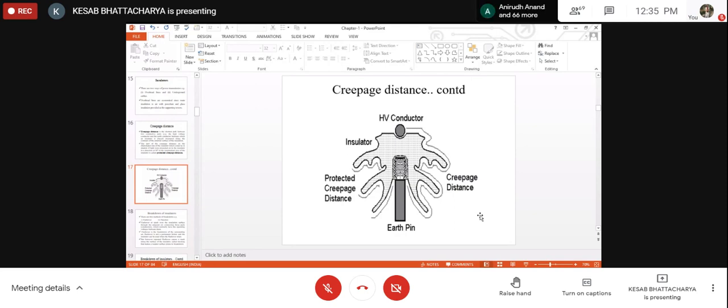Otherwise, there is an experiment on these insulators in the high voltage lab where the students have to measure all these parameters, creepage distance, protected creepage distance, all these things, but that scope is not there at this moment, so long as the classes are not open in physical mode. Till then, you just have a look at this diagram and make some idea about these terms.